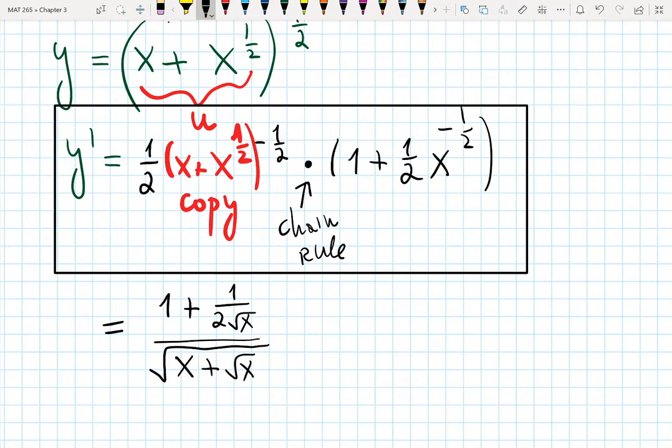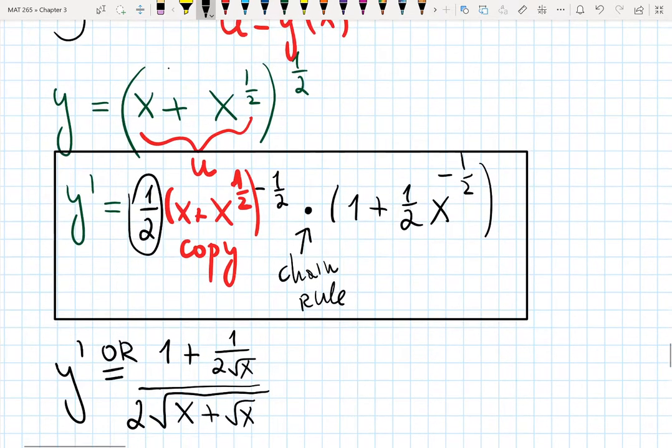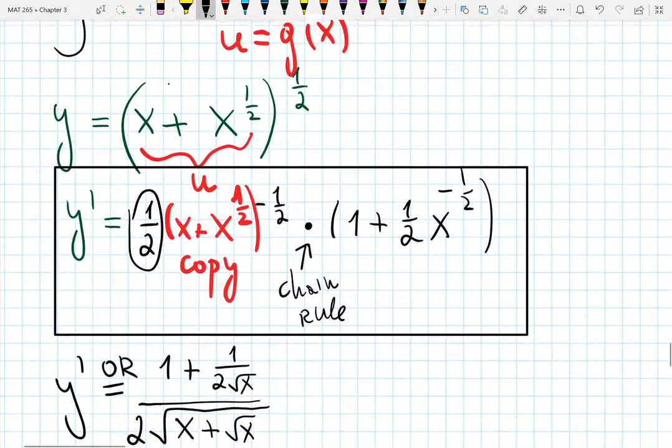Something like this, but this is not necessary. 1 plus 1/2, yeah, and square root, good, all over. I lost a 2, there's a 2 over here. Over a square root, x plus square root, yes, this looks good. But again, you don't have to do it. This thing in the box is a good answer.